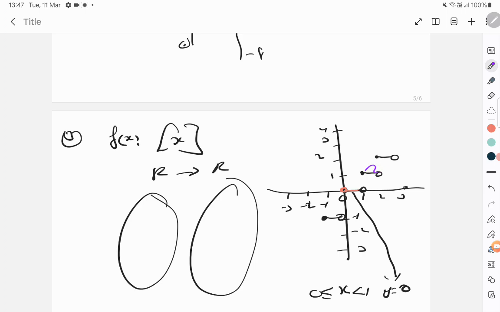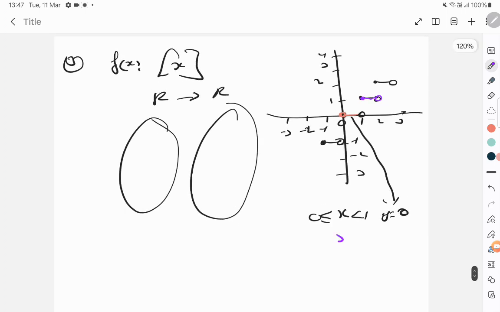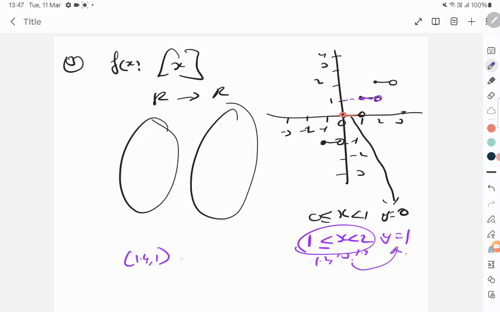So when x is lying between 1 inclusive to 2 non-inclusive, the corresponding y value, map it to y axis, you get y is equal to 1. So all these numbers such as 1.2, 1.3, 1.4 and all has only an answer as 1. So when you write an ordered pair, 1.4 is related to 1, 1.3 is related to 1, 1.2 is related to 1. So it's obviously many to 1.